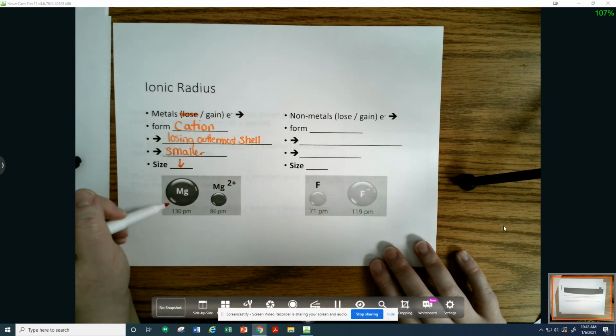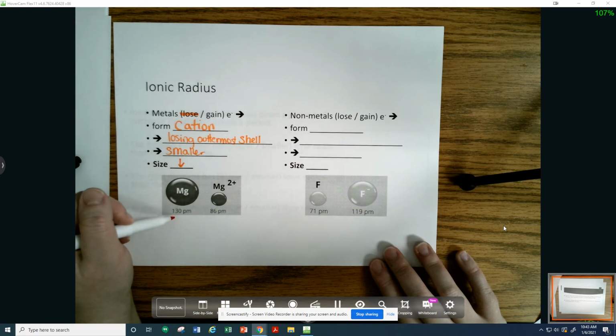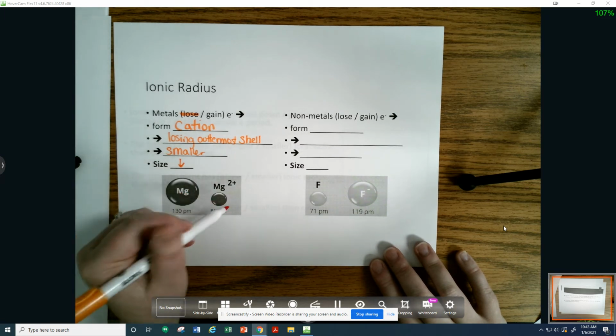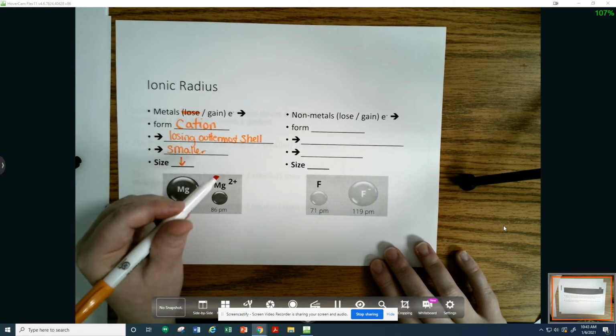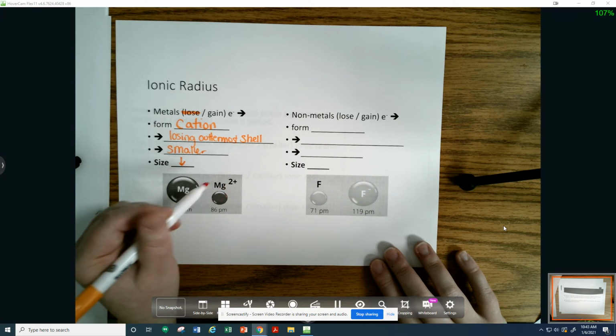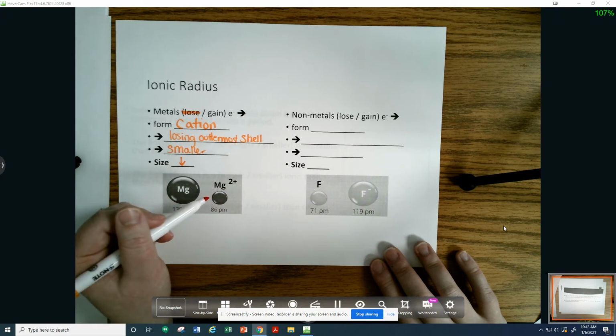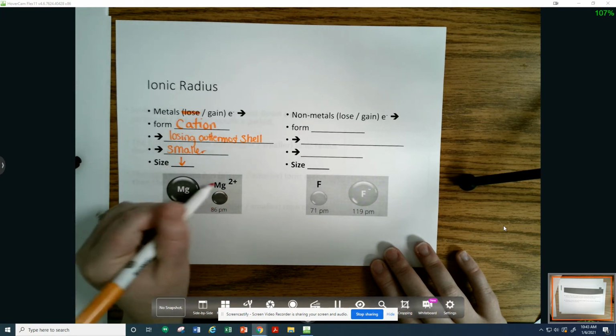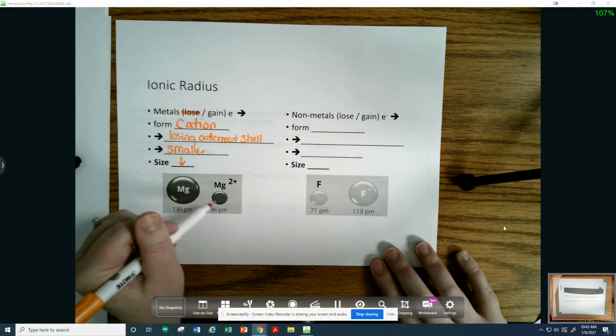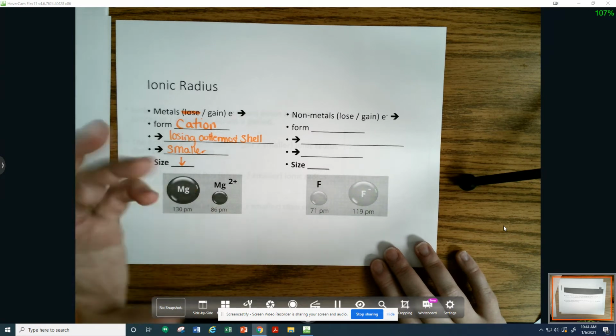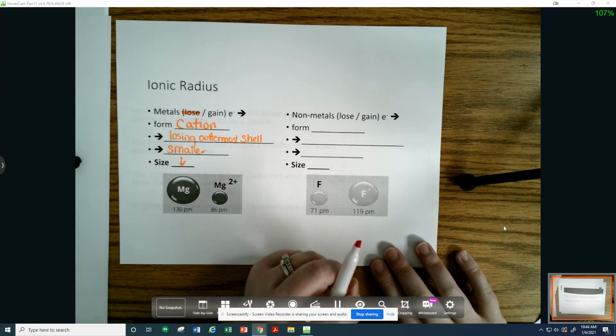Here we have a neutral magnesium. This is 130 picometers in radius. We can see that after it has lost 2 electrons, the overall size decreases, which should make sense. If it's getting rid of something, that means those outermost valence electrons are gone, so there's less nuclear shielding and the atomic radius gets smaller.